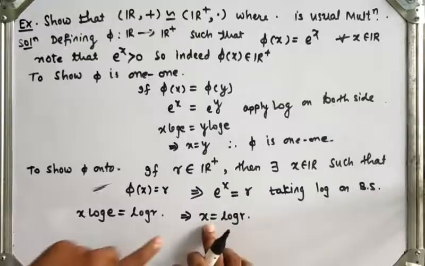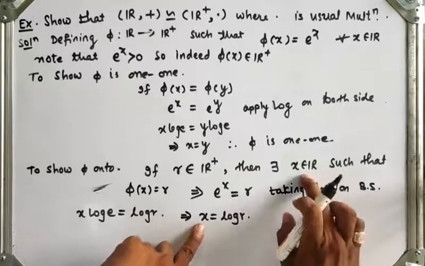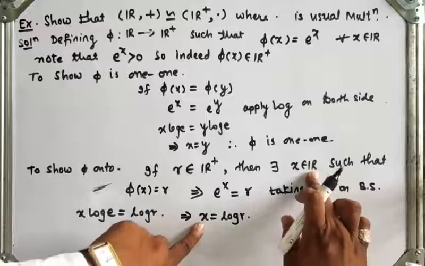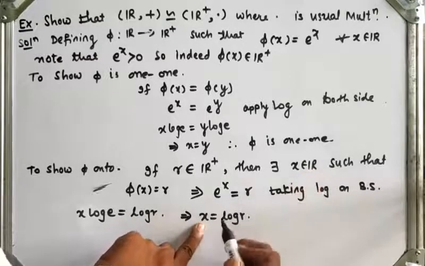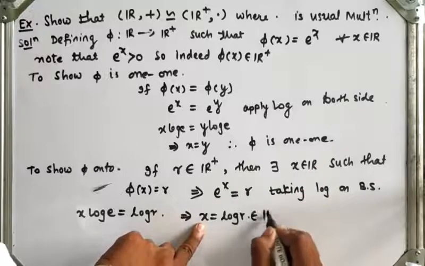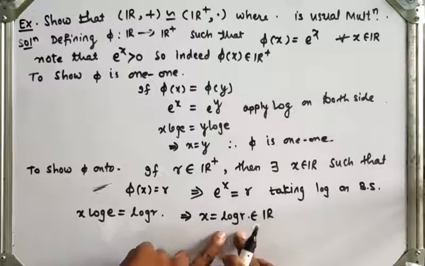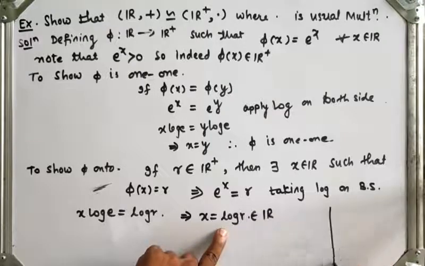So here x belongs to what? The real numbers R, right? The real numbers which are negative, positive and 0. So x is equal to log r, which belongs to the real numbers R. So what is the graph for the logarithmic function? It is like this.